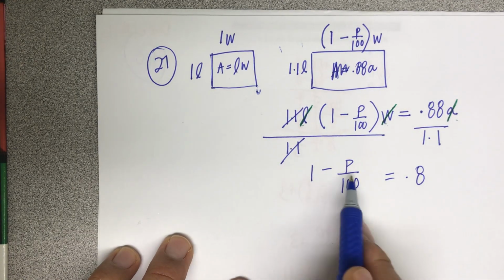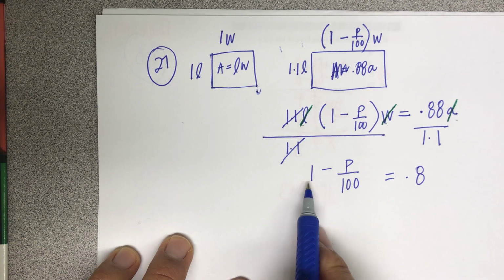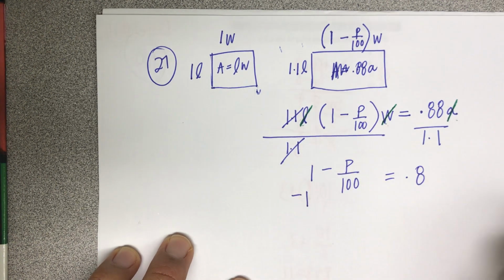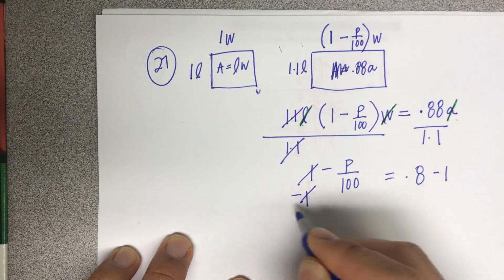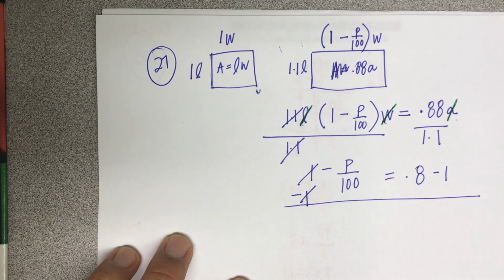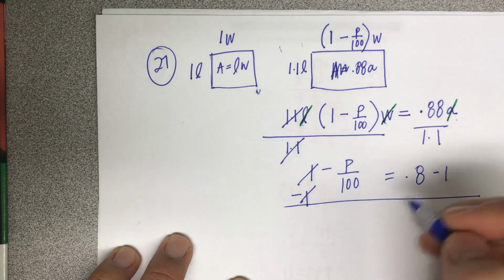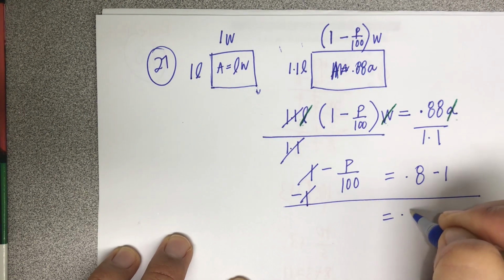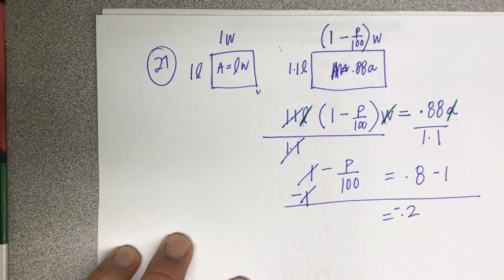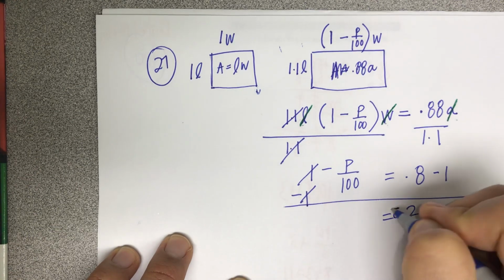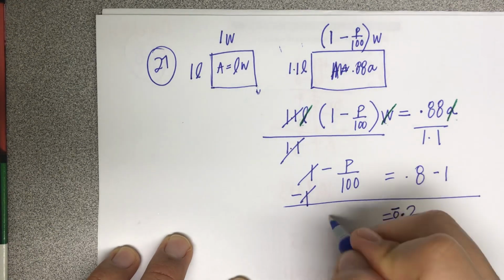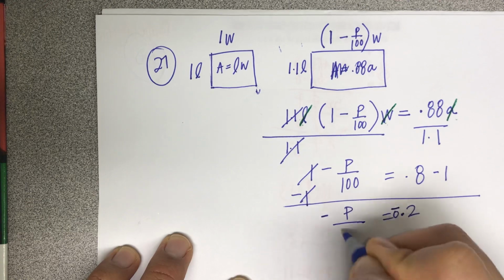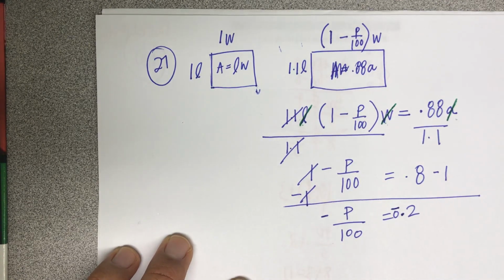If you want to then solve for P, what do you got to do? You got to subtract out the 1 from this side, subtract out the 1 from that side. That's going to cross out. And we're going to now get negative 0.2 on this side. And then you're going to get negative P over 100 on this side.